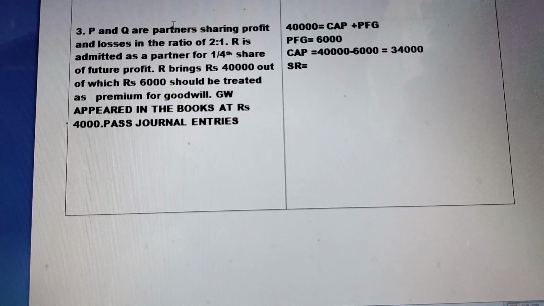So when old share is given but no information relating to new share, then sacrificing ratio will be equal to old ratio, definitely 2 is to 1. If new share of old partner is not given, then old ratio itself is the sacrificing ratio. So there is no need to waste time in calculating sacrificing ratio. It will be 2 is to 1.